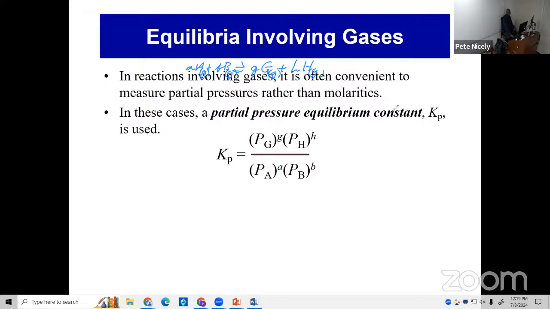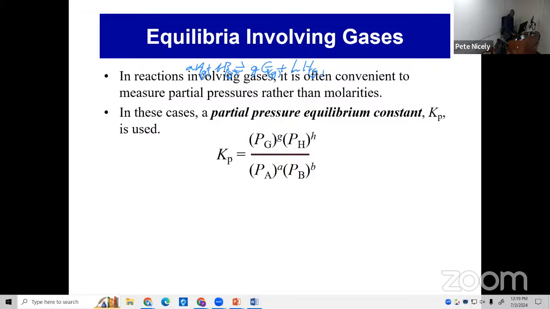Each of these terms represents the partial pressure of each gas in the system. And again, just as in the case of concentration, you raise the partial pressures to their respective coefficients in the balanced equation.